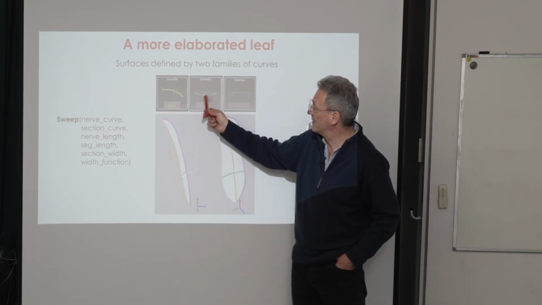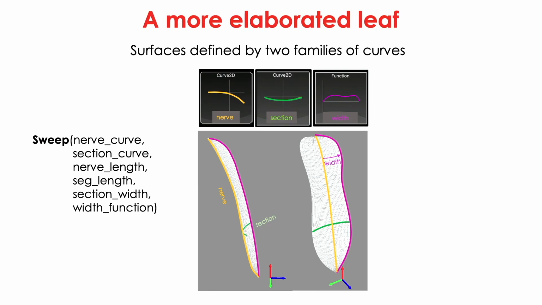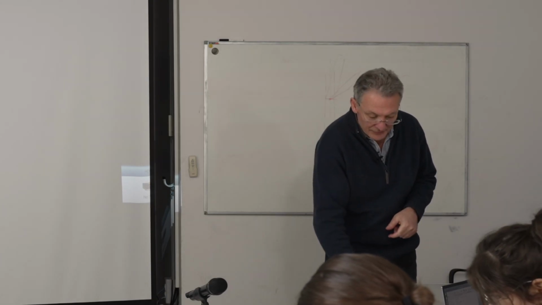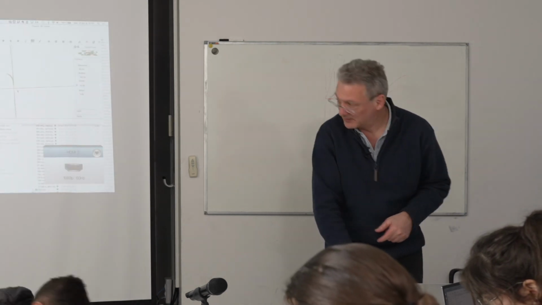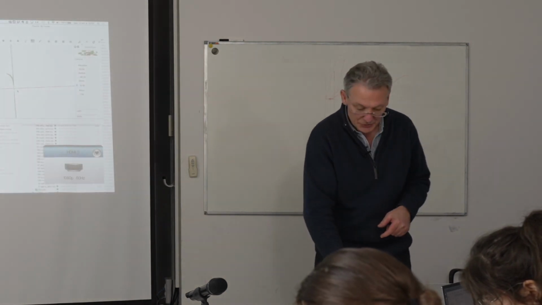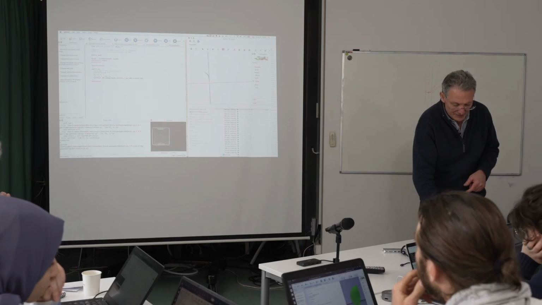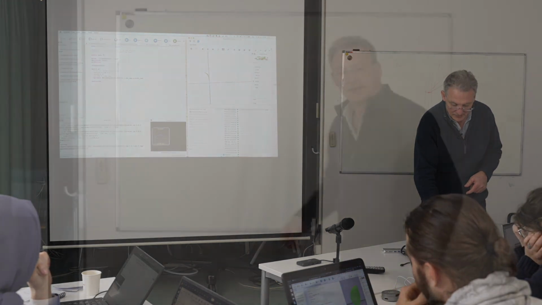And the second curve will serve to represent the section. So like for instance, slightly curved like this. So you have, in the 4B, you have the leaf, okay? And you could play with the leaf parameter by changing the length and the width.